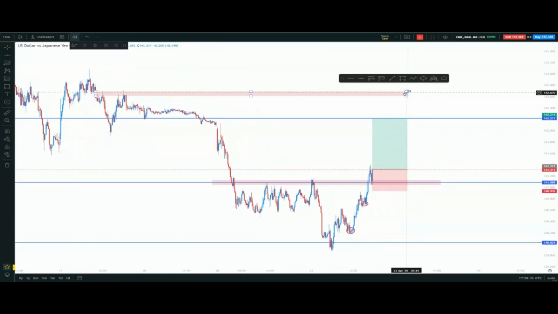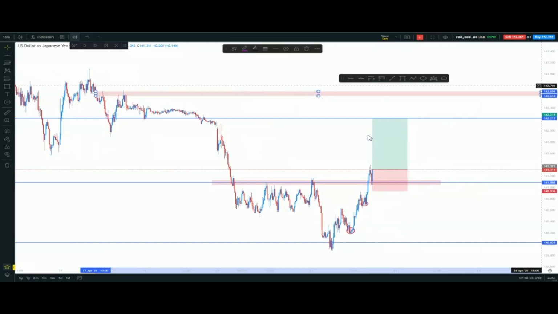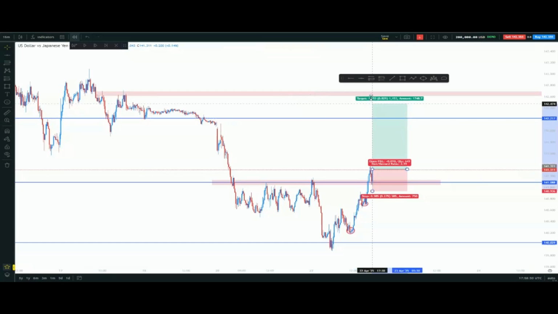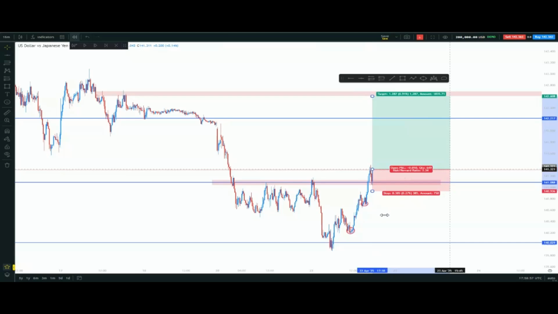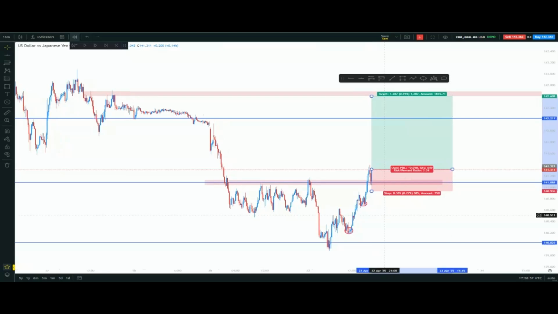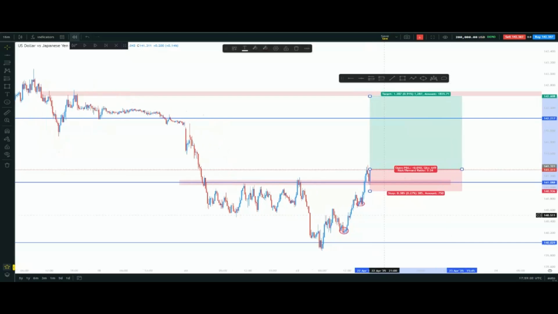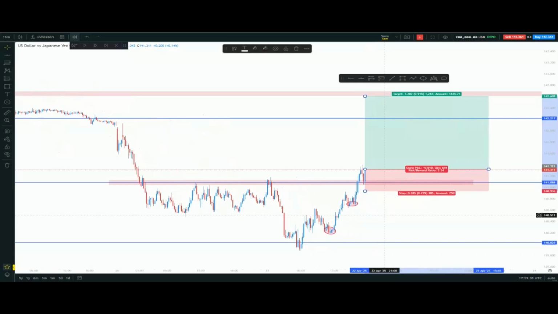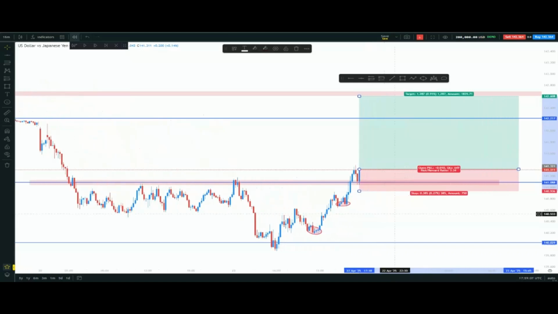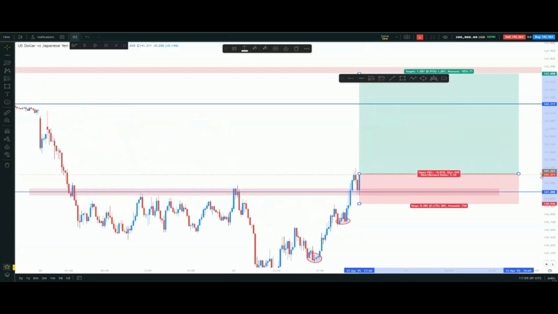It was actually a bigger range that I was targeting, so I took some partial profits because I didn't expect price to keep on going further, but this was my analysis and I finally hit profit. It was a sweaty trade, but I finally managed to close all my positions with my partials. So let me play price for you to see how exactly this trade went.